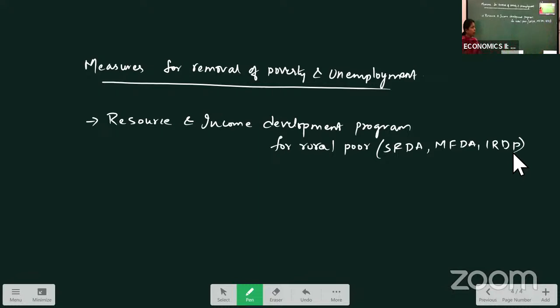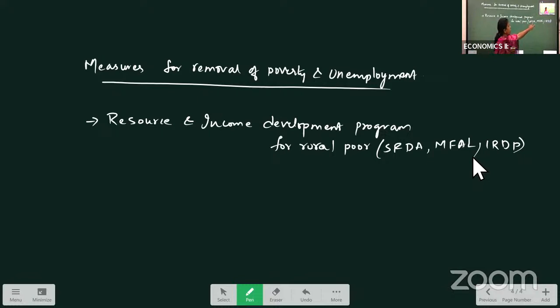These are the programs introduced under Resource and Income Development Program for rural poor. Marginal Farmer Agriculture Labor Agency. Right? So why are these programs introduced? To create employment for rural poor.